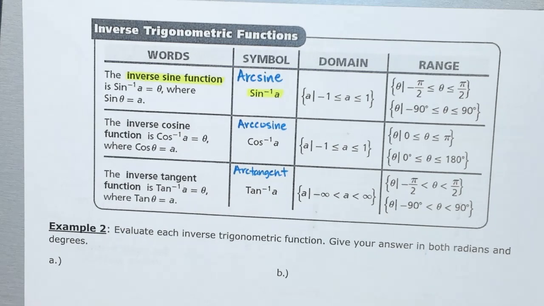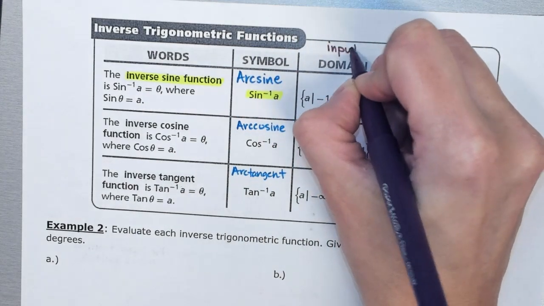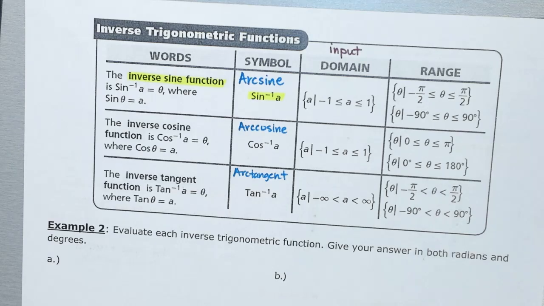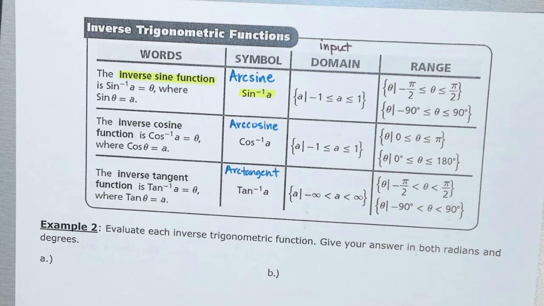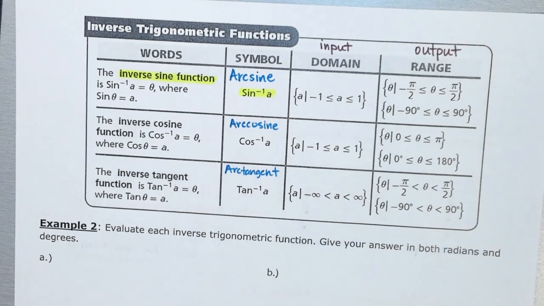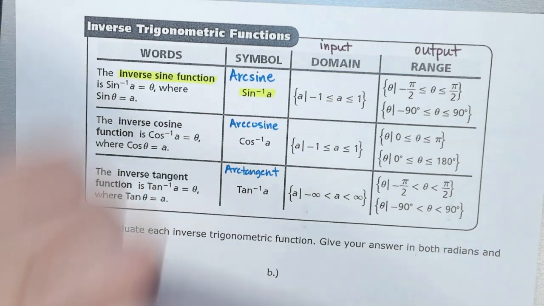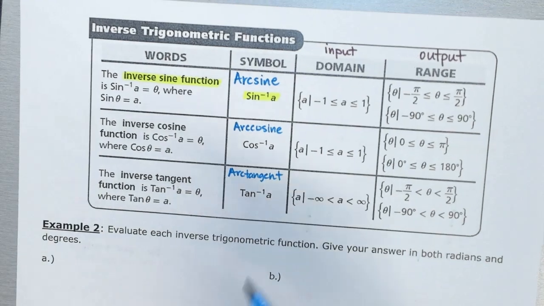Okay, now we're going to look at the domain. So remember, the domain is just your set of input values that's going to produce an output. And then the range is going to be your set of output values. So I want you to look at the domain for sine.